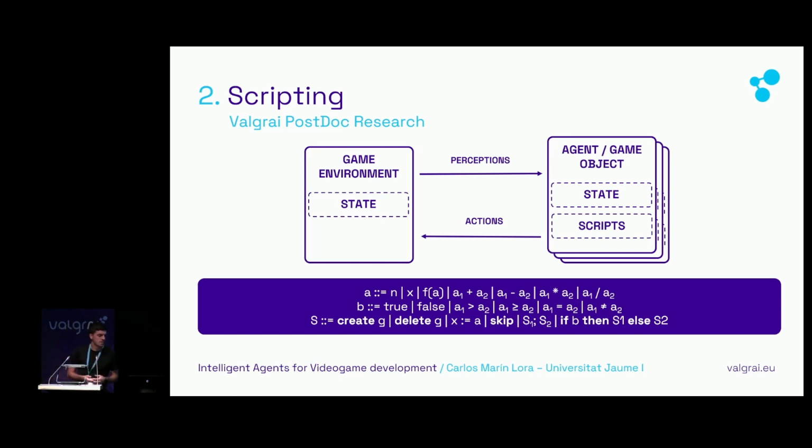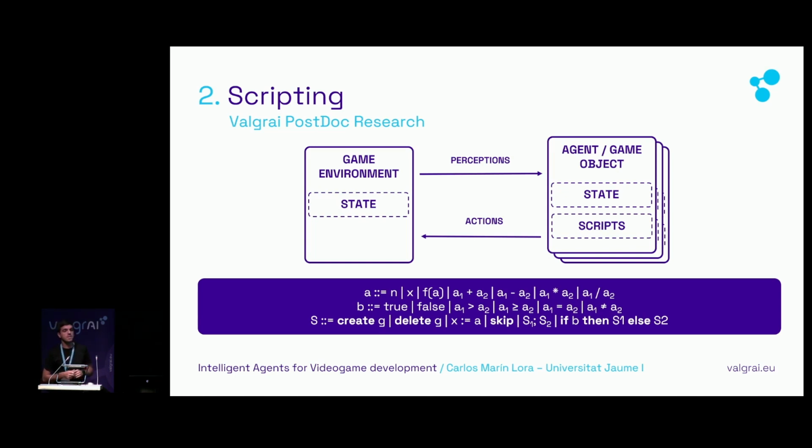And now the first task that we have done in this postdoc grant is to create a scripted language based on this model of first order logic and predicates, with its syntax and its semantics, which we can see a little glimpse of at the bottom of the slide.